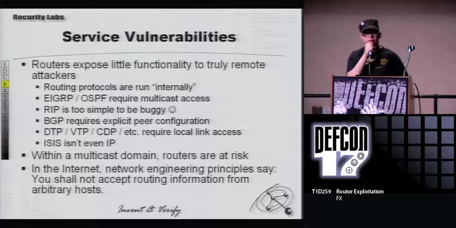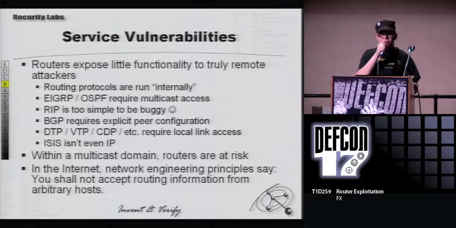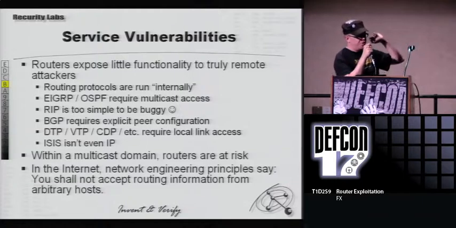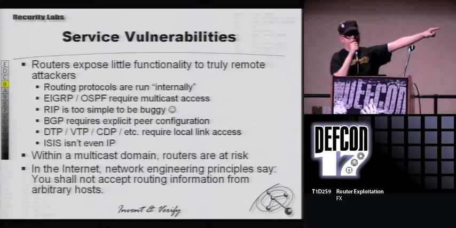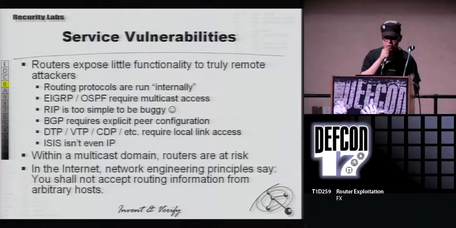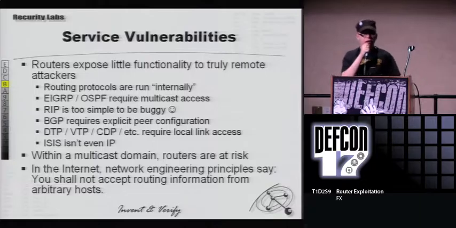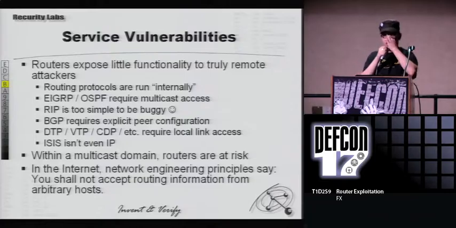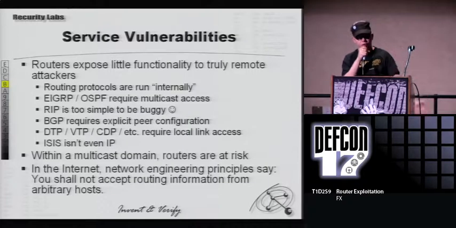RIP is so simple that even Cisco didn't mess it up. BGP, you have to explicitly say, I want to talk BGP with that guy. And if that guy is actually sending you traffic, you know who it is. That is really not useful for an attacker. The protocols where they put in the most stuff are layer 2, so you actually have to be on the same switch.